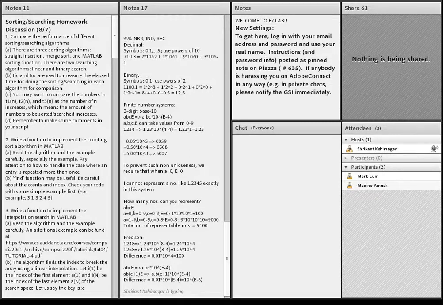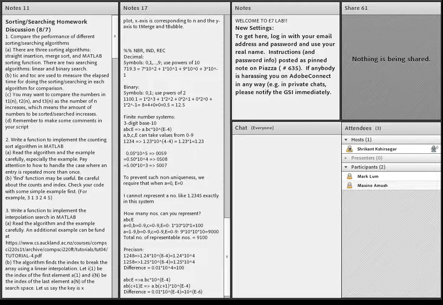So what does this tell us? This is the measure of precision. This is the range of numbers that have to be either rounded up or rounded down to be representable in this system. This clearly tells us that as E goes up, the precision goes down. As E goes up, the difference goes up, right? If E is 1, then it's 10 raised to minus 5. If E is 5, then the difference is only 10 raised to minus 1.